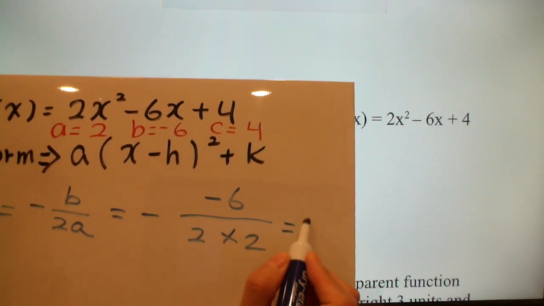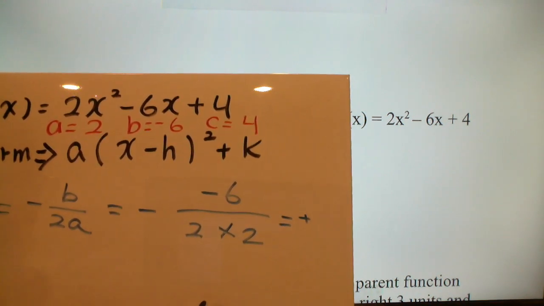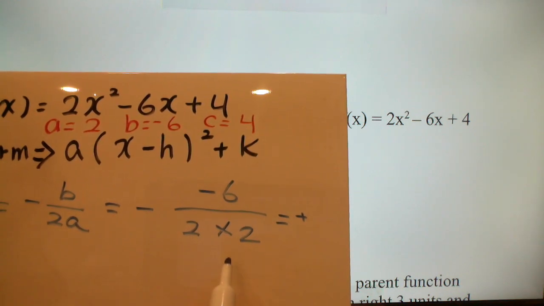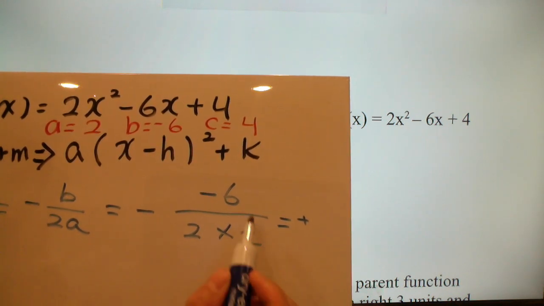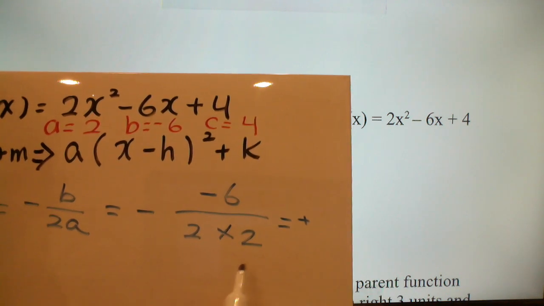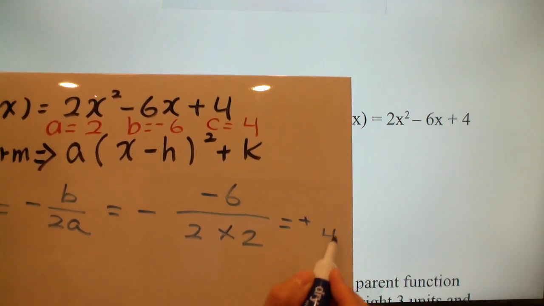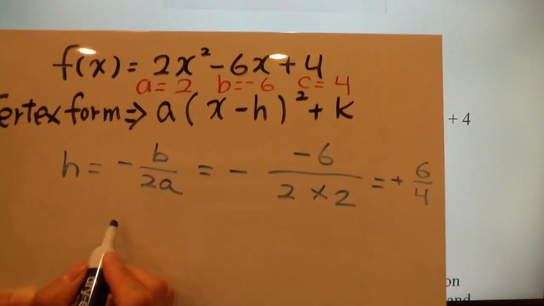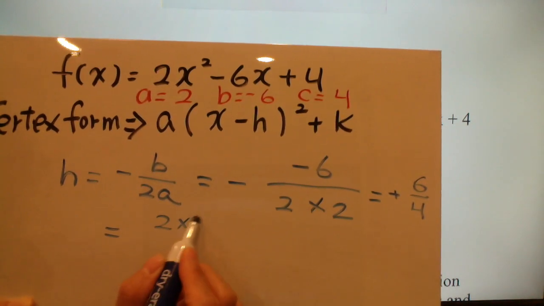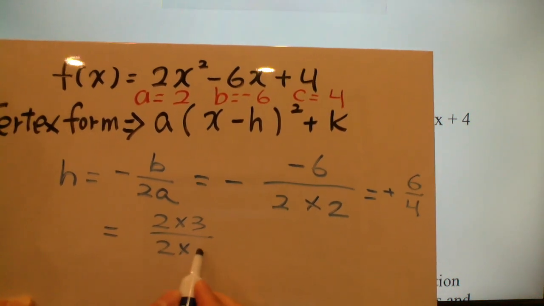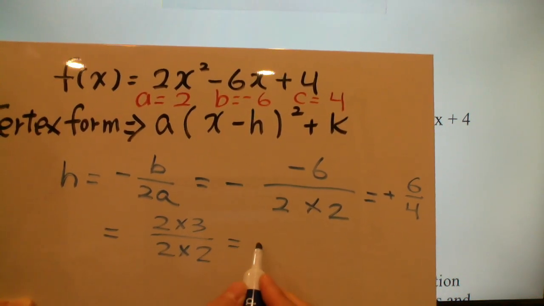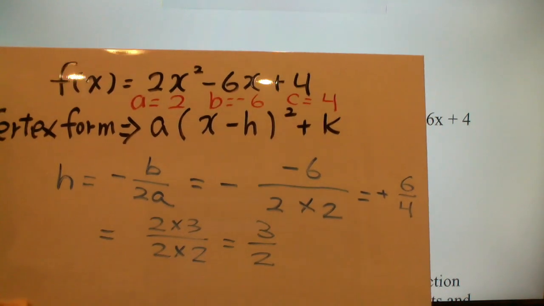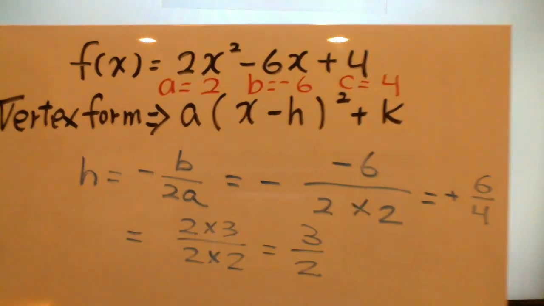Negative negative will make a plus, and 2 times 2 is 4, and the top is 6, right? Well, we can simplify even more: 2 times 3 over 2 times 2. So that is 3 over 2. So h is 3 over 2.